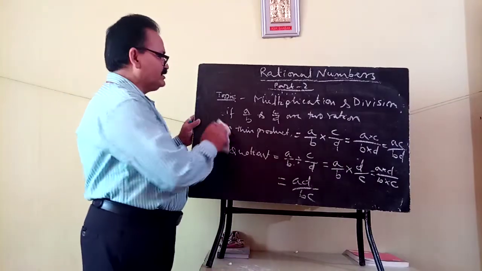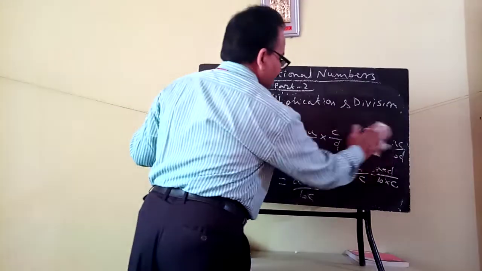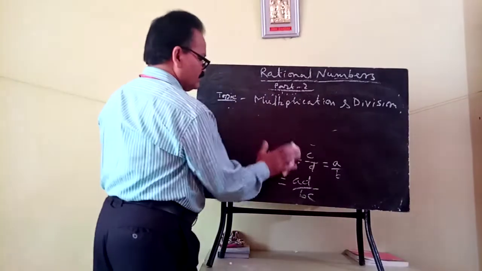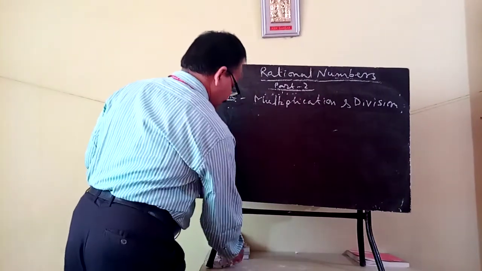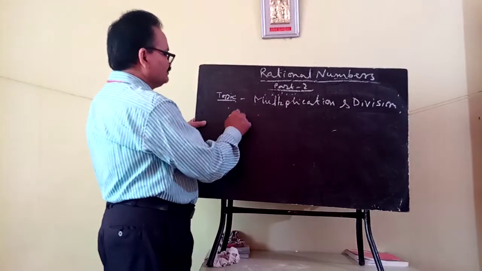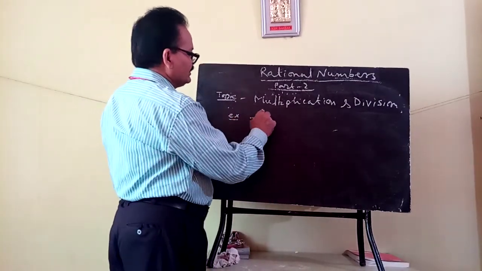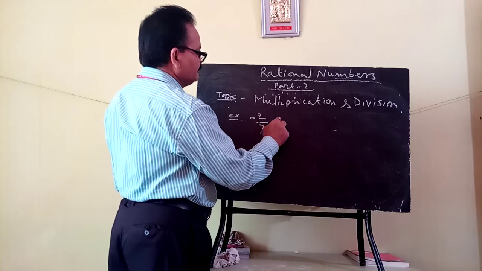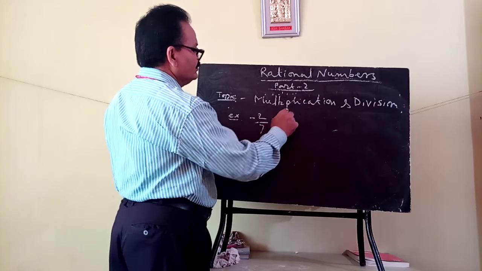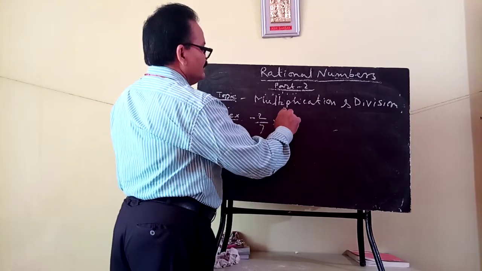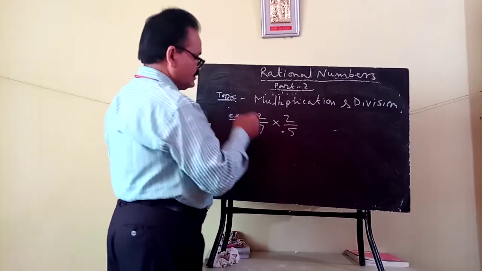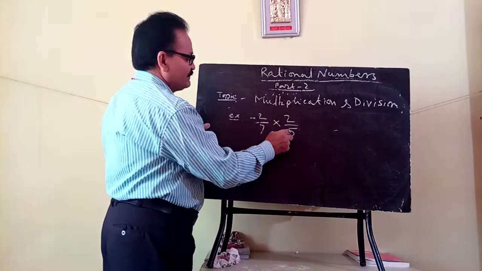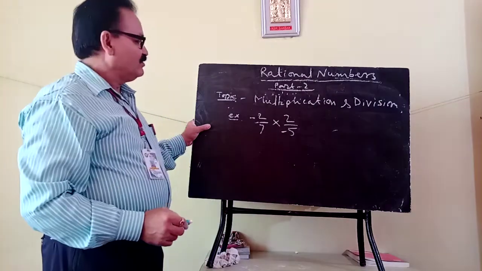Now let me show it with an example. Suppose you have -2/7 into 2/-5. What will you do?